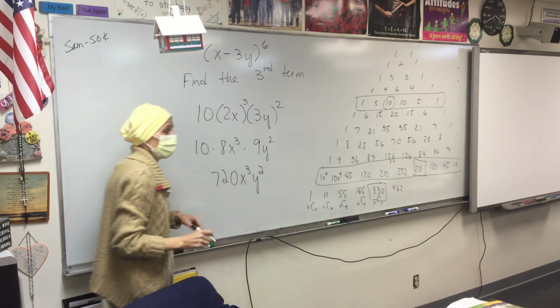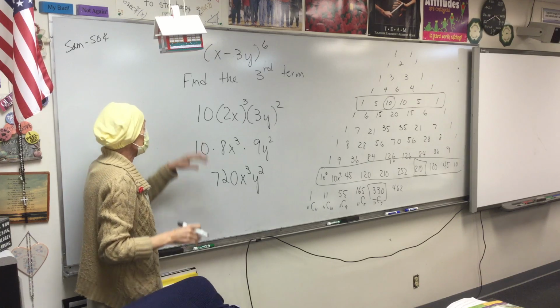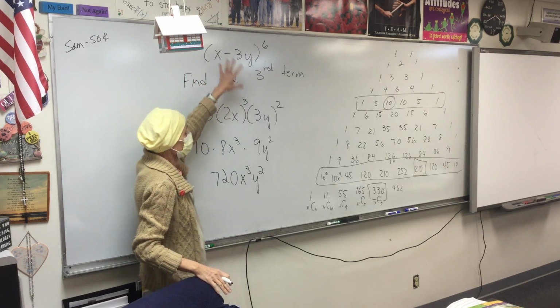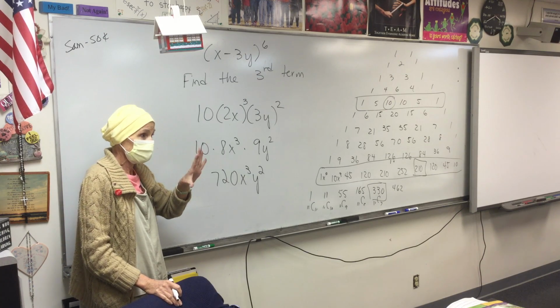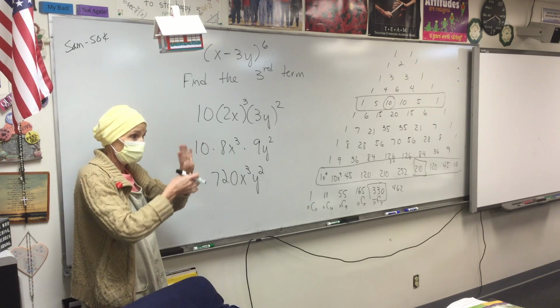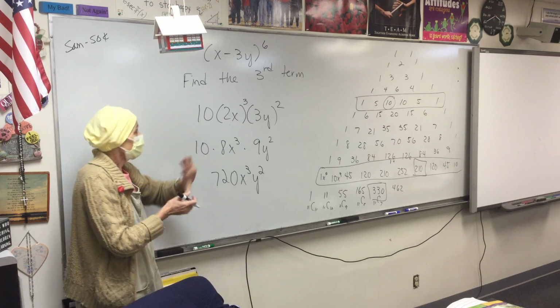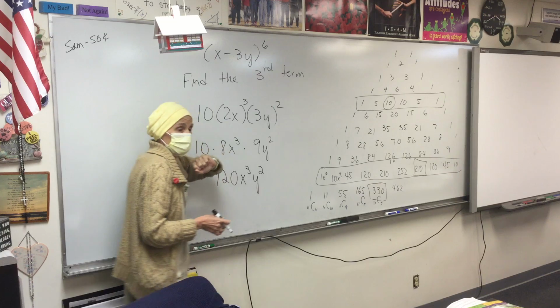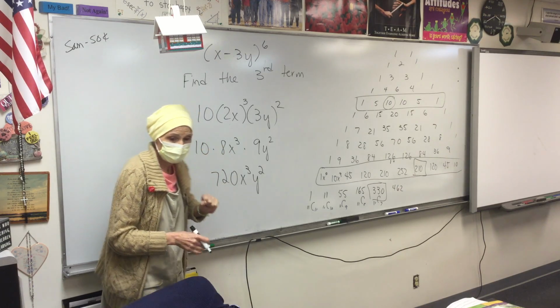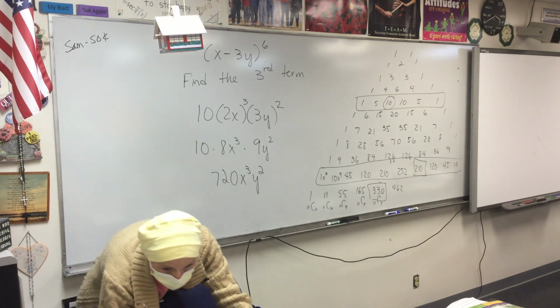Okay? So right now with your partner, see if you can find the third term of that expansion. Now remember, it's going to have three pieces, right? It's going to have a coefficient, an x, and a negative 3y.